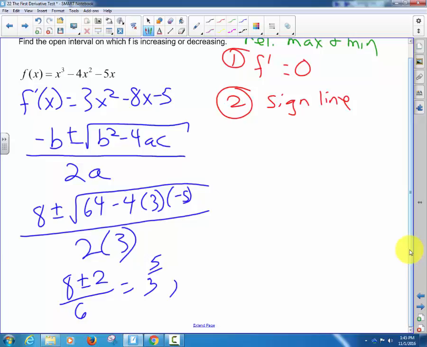And 8 minus 2 is 6 over 6, which is 1. Did I miss something? That's a negative 5. Oh, bummer. That stinks. 4 and 5 is 20, 60, square root of 124. Oh, my goodness. So there really is a lot of crying involved in that, isn't it?